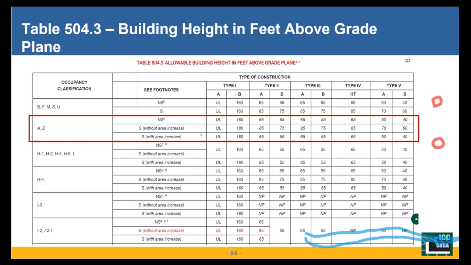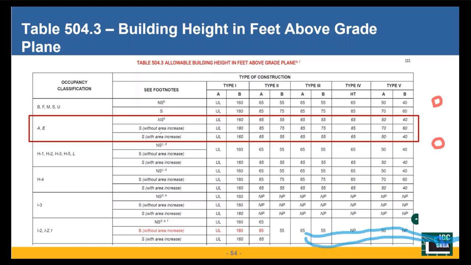But in general, for most occupancies, you cannot double dip, and it's only for state fire marshal occupancies. If you go to the first row, B, F, M, S, and U occupancy, business, factory, mercantile, storage, and utility, you see non-sprinklered, your type 1B is 160, sprinklered type 1B is 180.